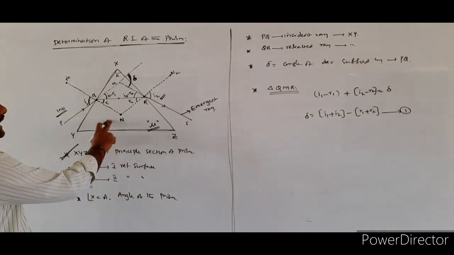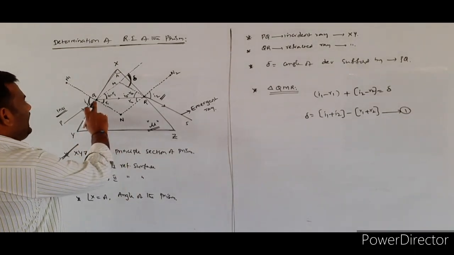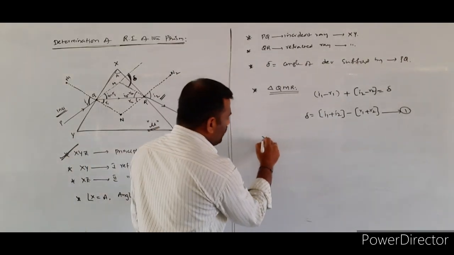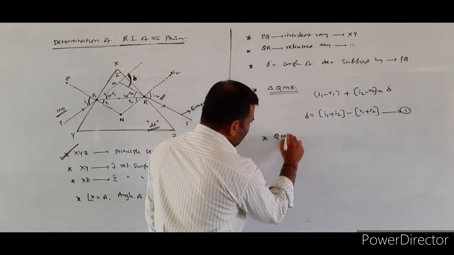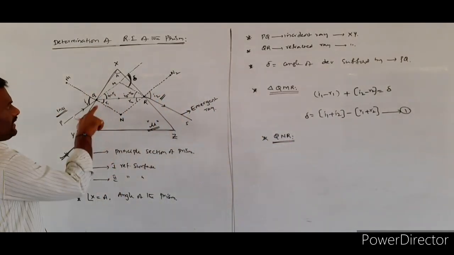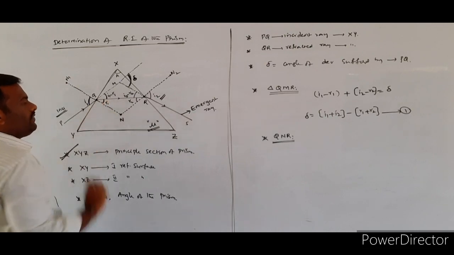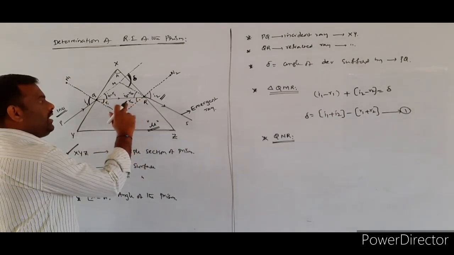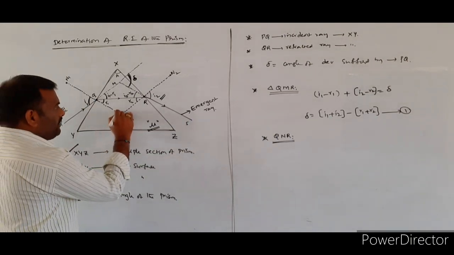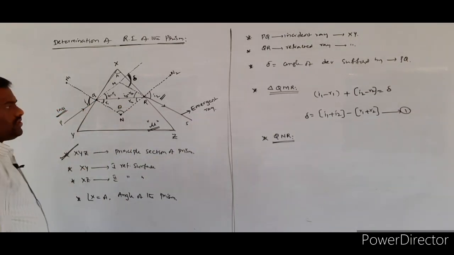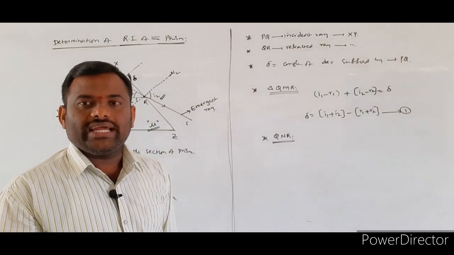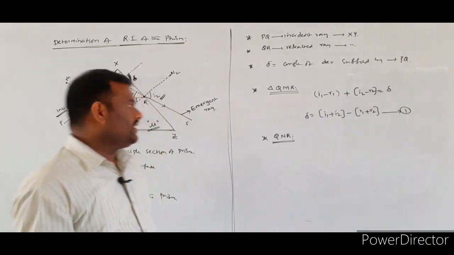Next, again I consider the triangle QNR. In the triangle QNR, the angle at Q is equal to R1, and the angle at R is equal to R2, but I don't know the angle at N, so that angle will be assumed as theta.